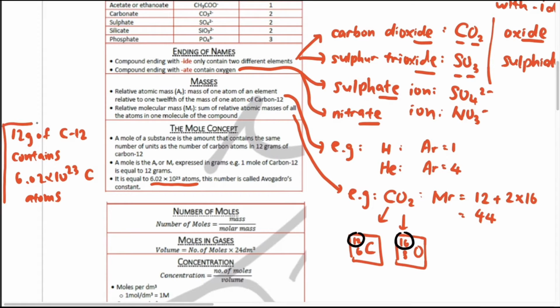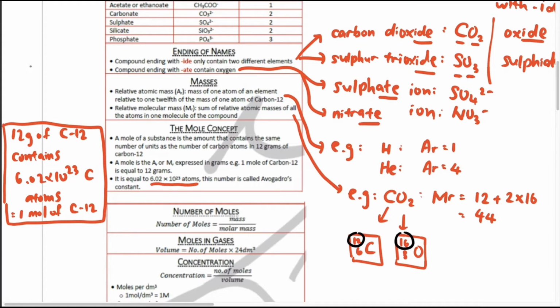And what is so special about this amount is that it is simplified to 1 mole of carbon-12. As long as you have this 6.02 times 10 to the power 23, it is equal to 1 mole. So that is the concept of 1 mole. 1 mole means 6.02 times 10 to the power of 23 of a particular substance.